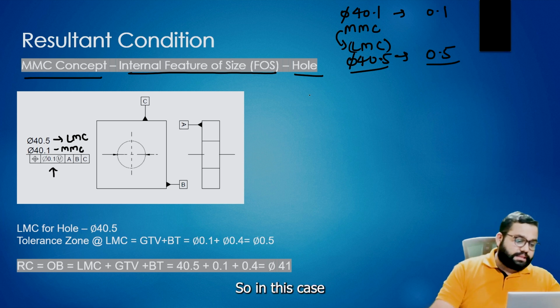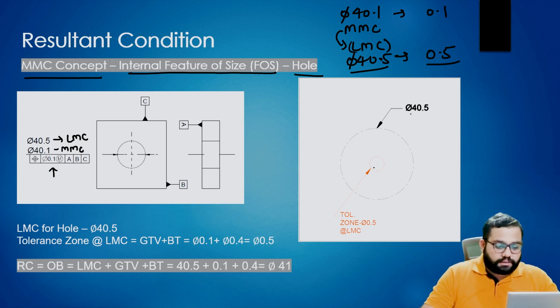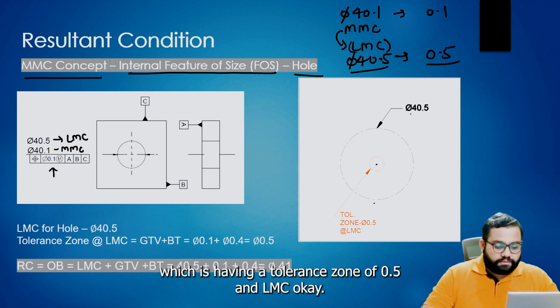Okay, so in this case, at the least material condition we will make the center having a tolerance zone of 0.5 at LMC.